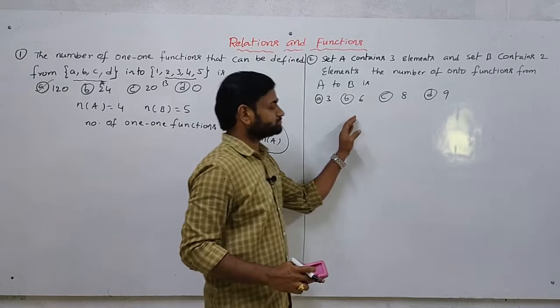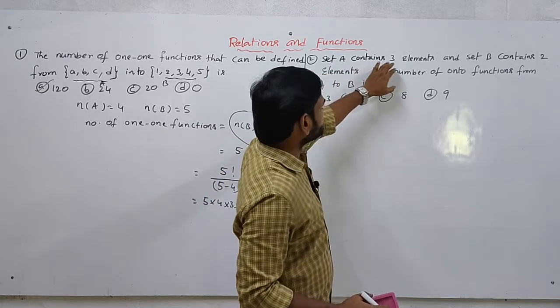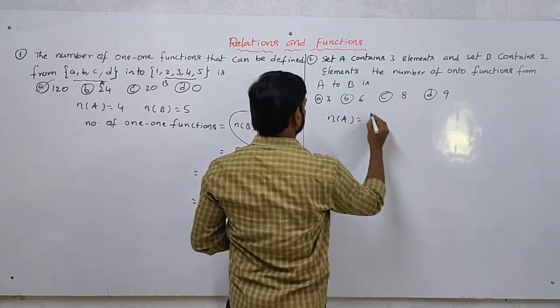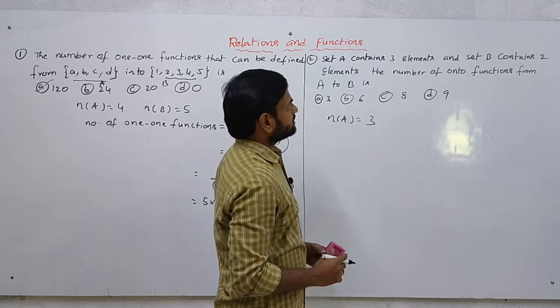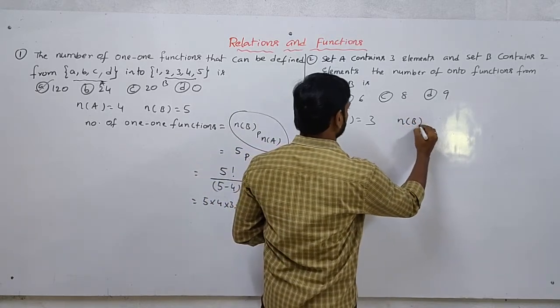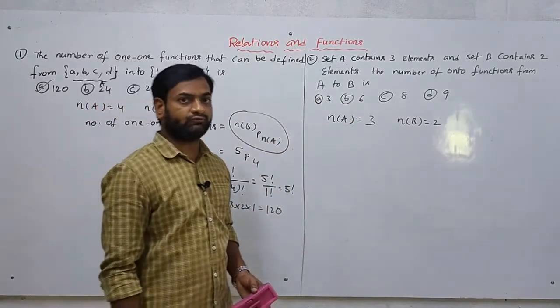Next, come to this one. Set A contains 3 elements, that is n of A equal to 3. Set B contains 2 elements, that is n of B equal to 2. Then, we have to find the number of onto functions.